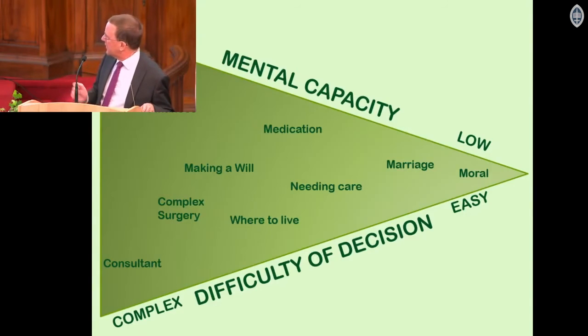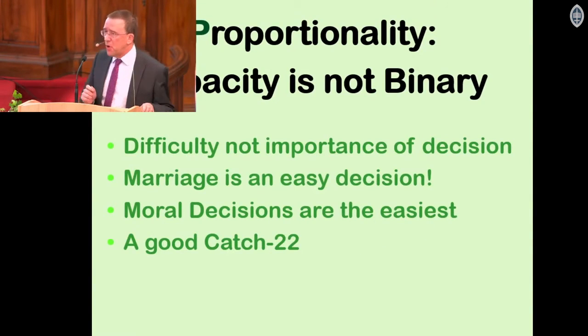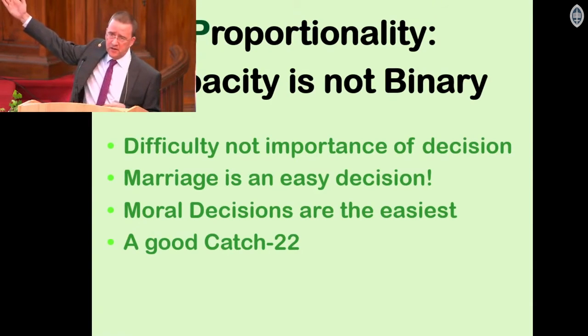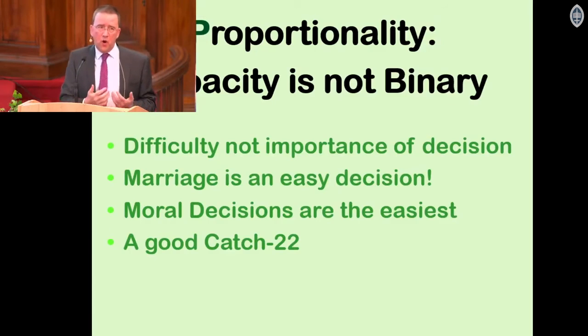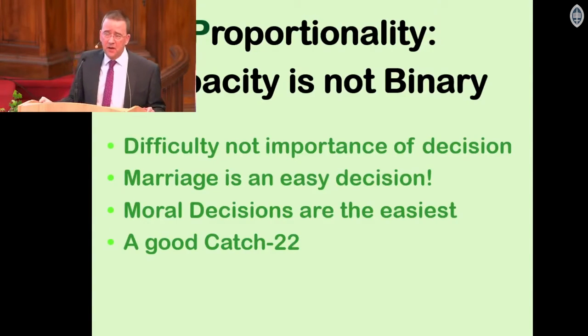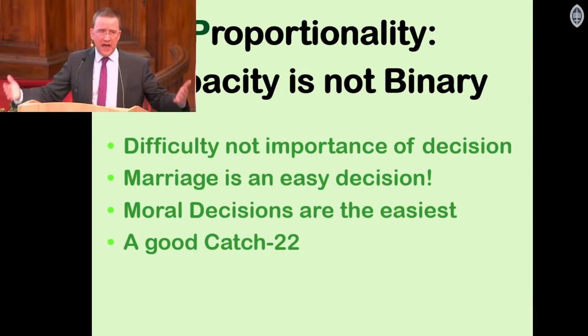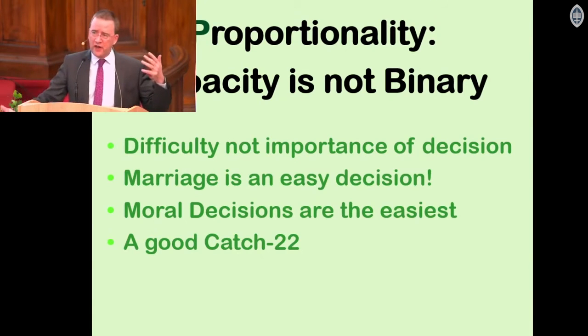Now, if you just go back a slide again. So moral decisions then, remember I put moral at the farthest end, because moral decisions are very easy. In the same sort of way as we grow up learning about what marriage is, everybody grows up being told what's right and wrong.